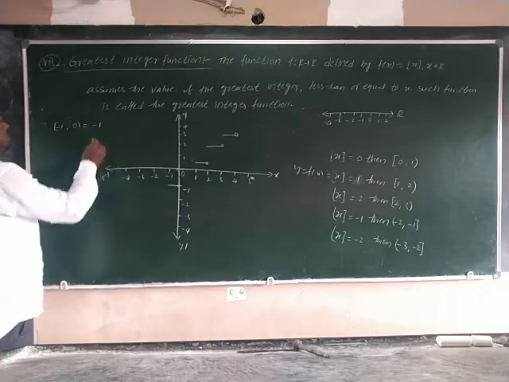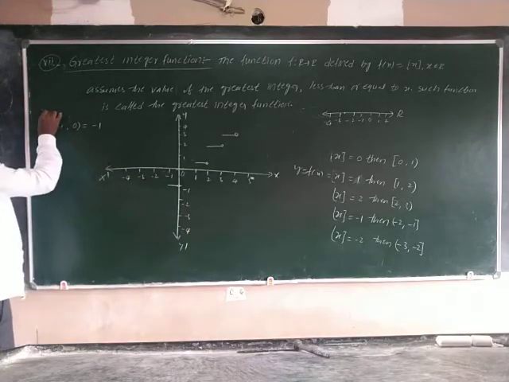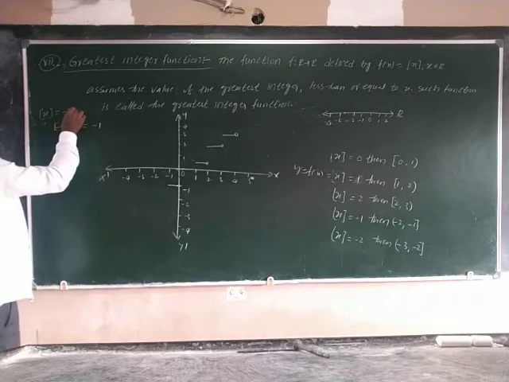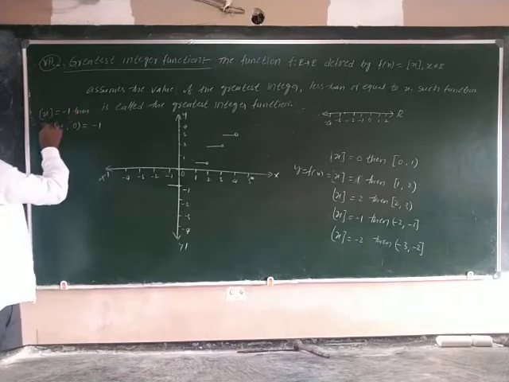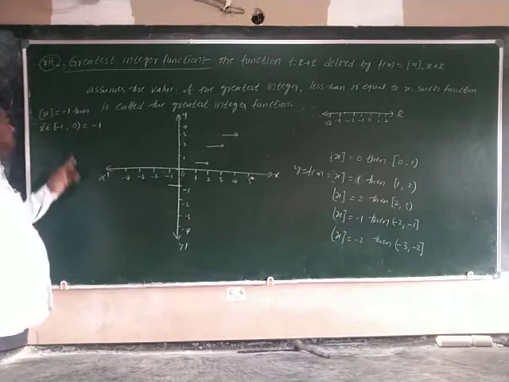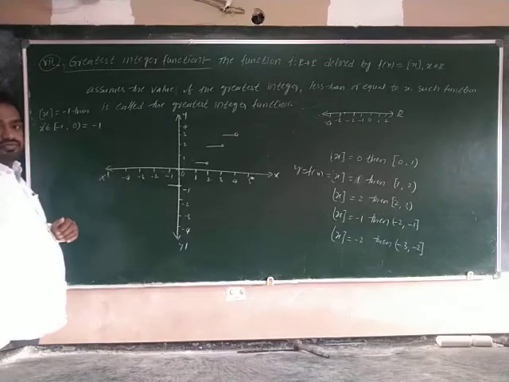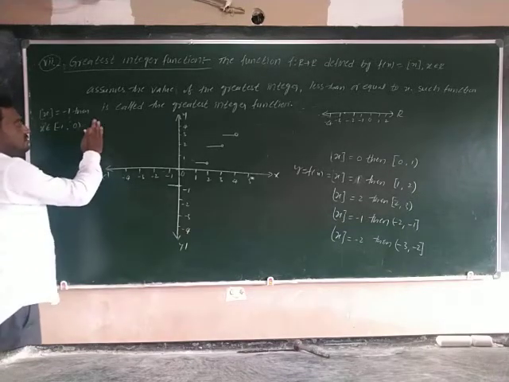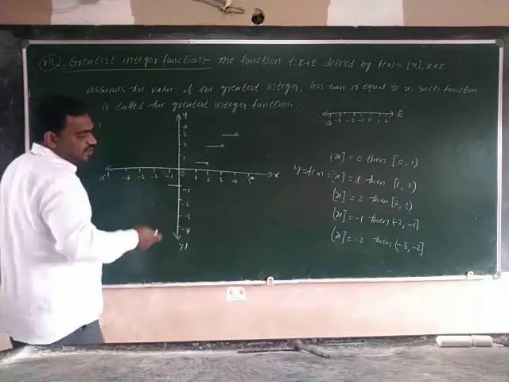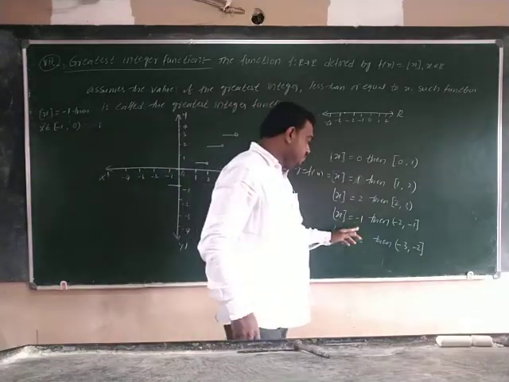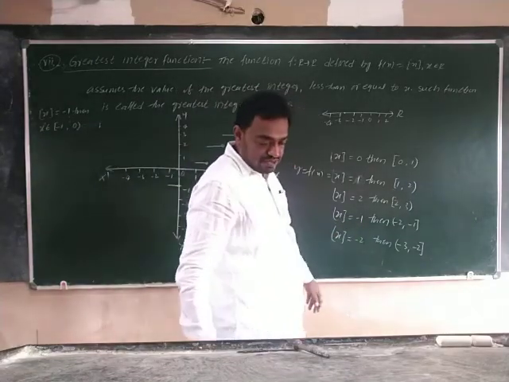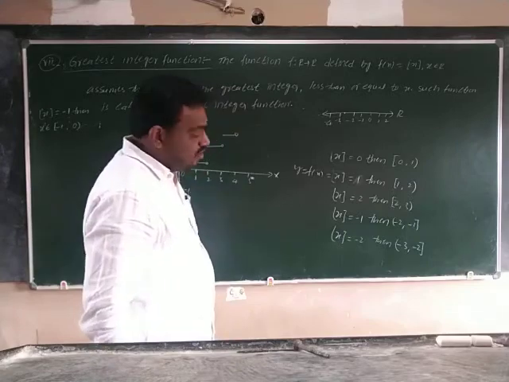That means here x is equal to -1, then x belongs to this interval -1 to 0. Next, x is equal to -2.